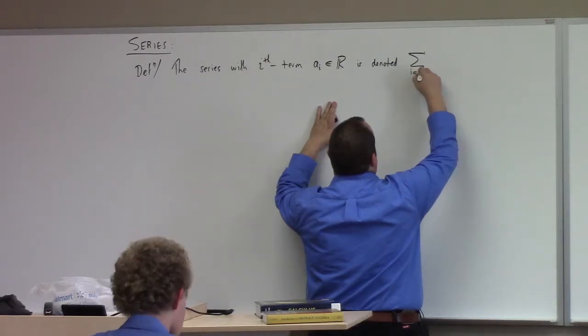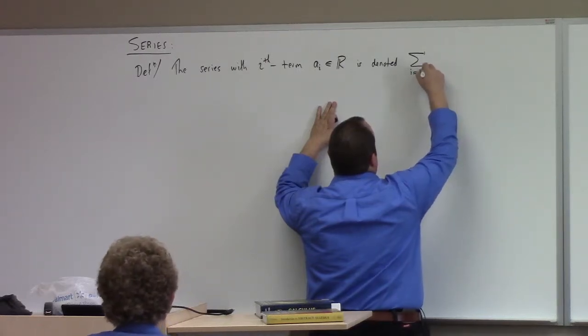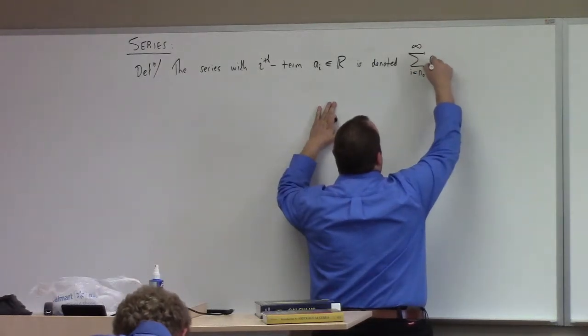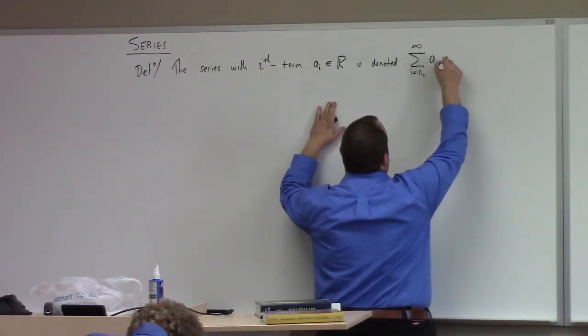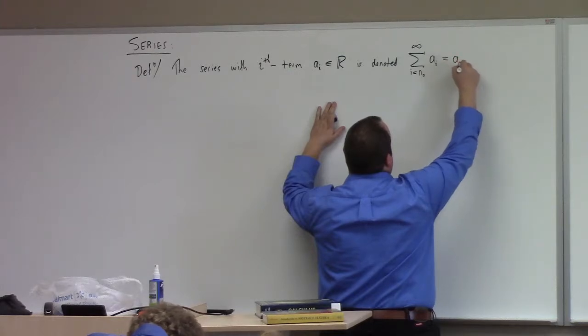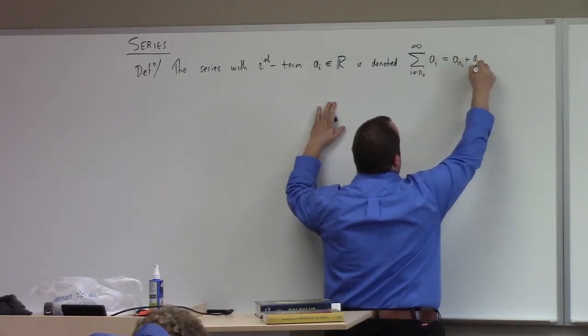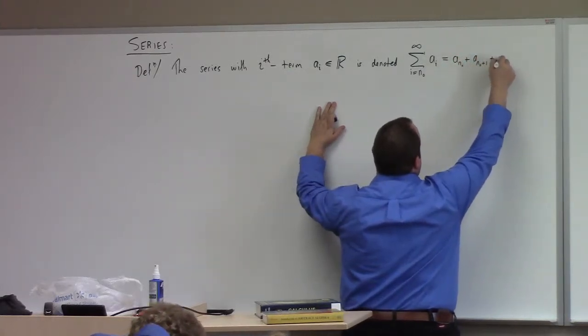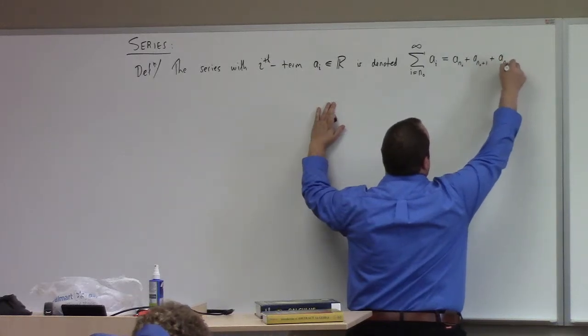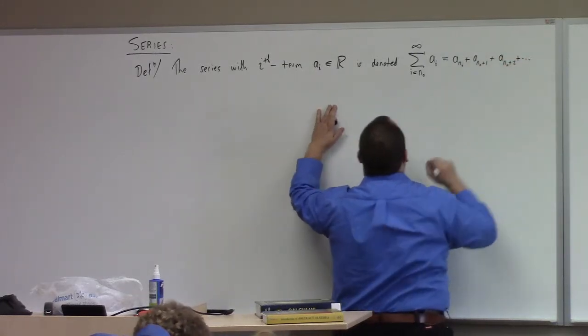So let me just be a little bit general for a second. n sub naught to infinity, a sub i, which we also use the notation a sub n naught plus a sub n naught plus 1 plus a sub n naught plus 2 plus dot, dot, dot.